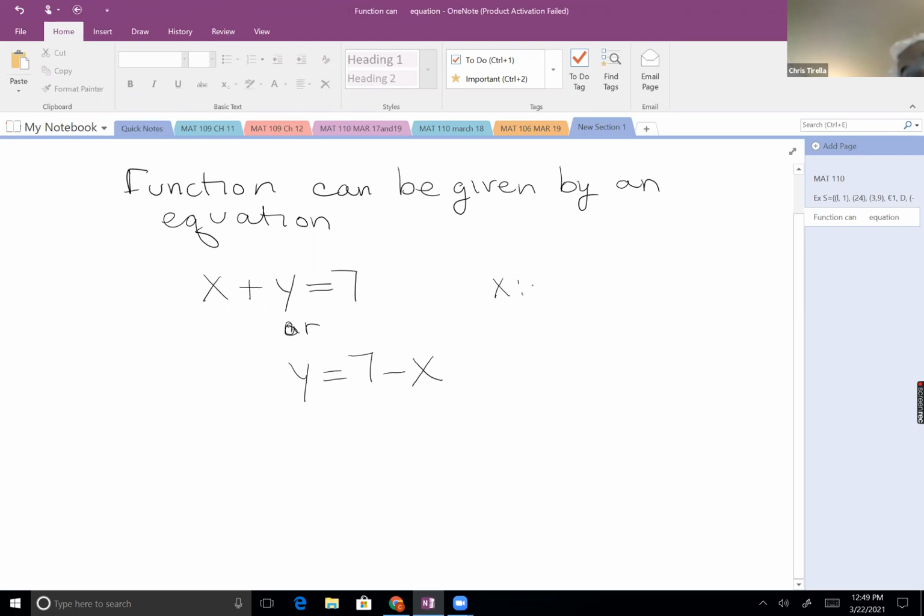X is then considered my independent variable. I pick my x, and then I find out the corresponding y. So y is considered the dependent variable.